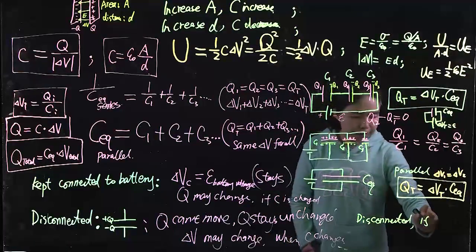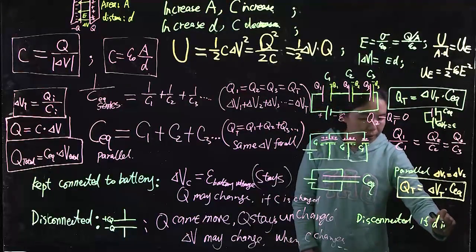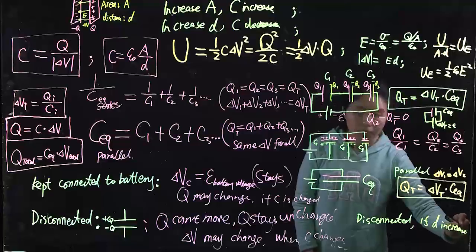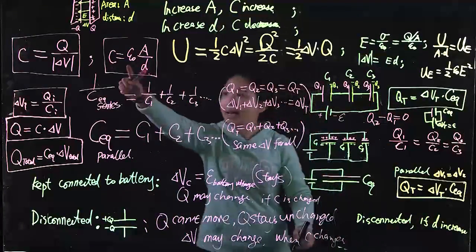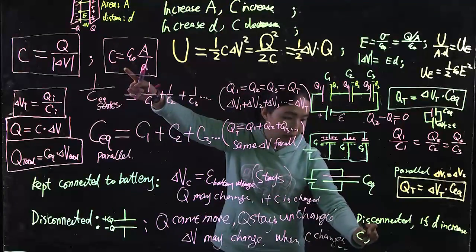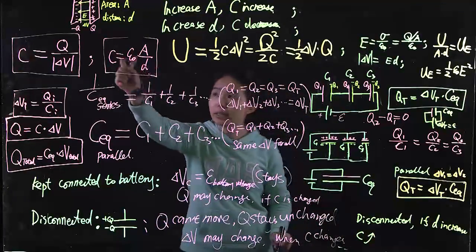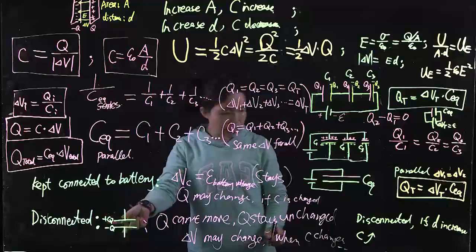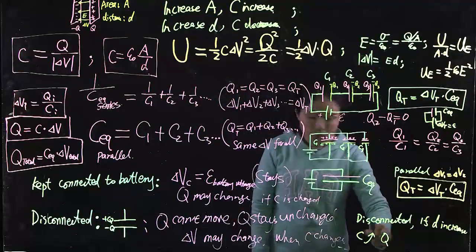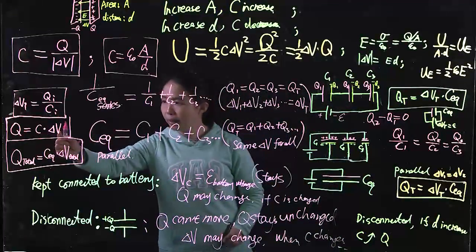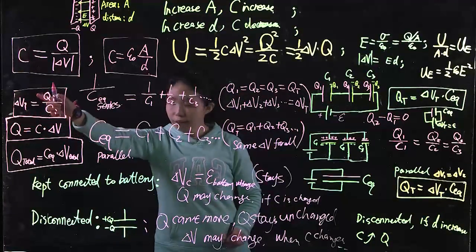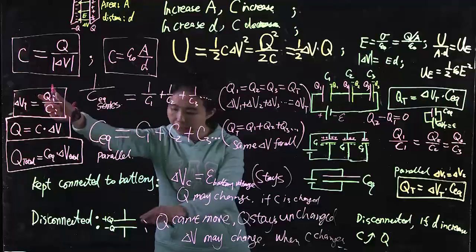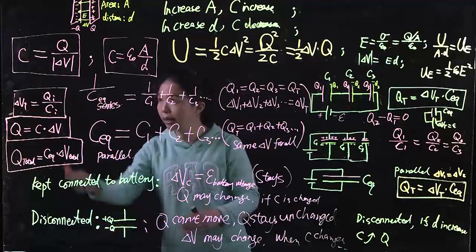If d increases, if we are making the distance separate further apart, what's going to happen? C is going to increase, smaller d, larger C. And if C increases, Q equals C multiplied by delta V, and delta V equals Q over C. If the charge cannot move, it's disconnected, you still have that amount of charge not going anywhere.